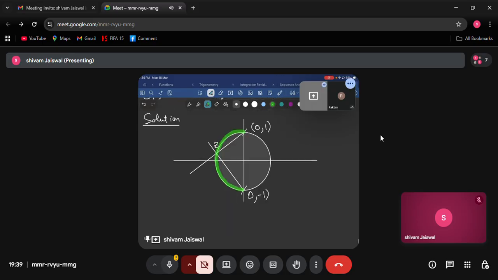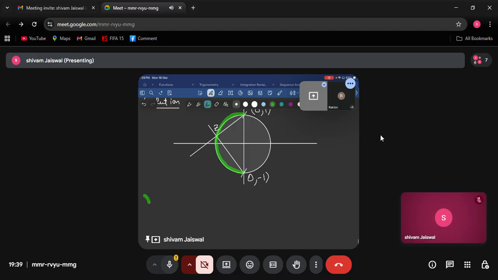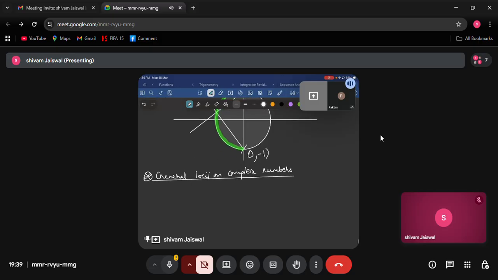Next, general loci on complex numbers. Part A, number 1.